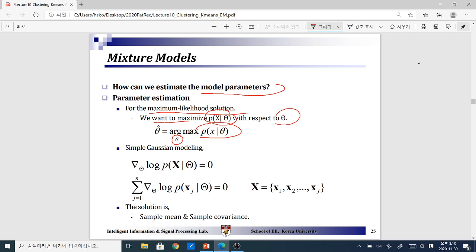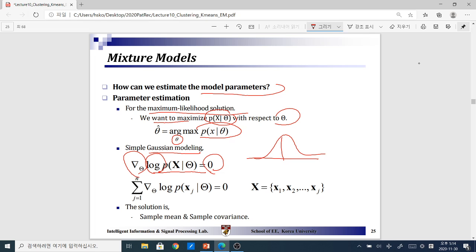That's what the maximum likelihood solution is. For a simple Gaussian model with just a single mode, after obtaining the likelihood function representation, you take the natural log, take the gradient with respect to theta, set that equal to 0, and solve for the parameter theta.